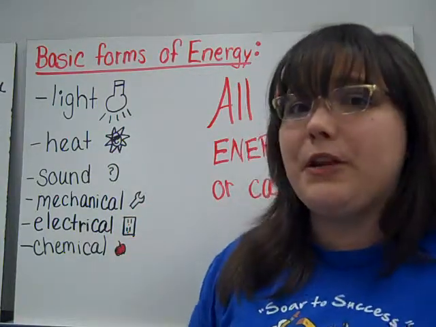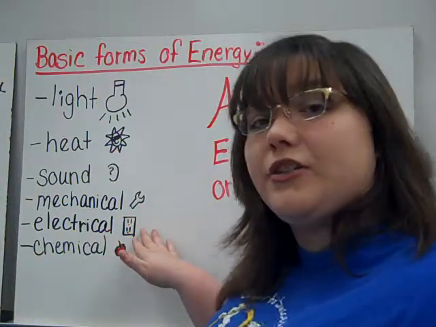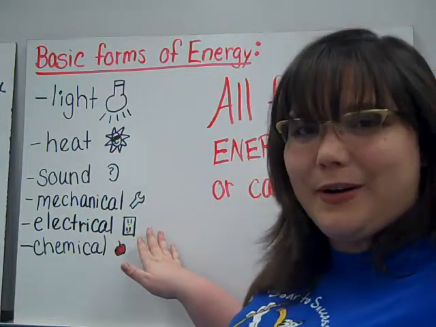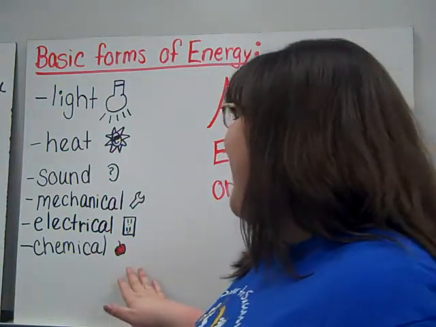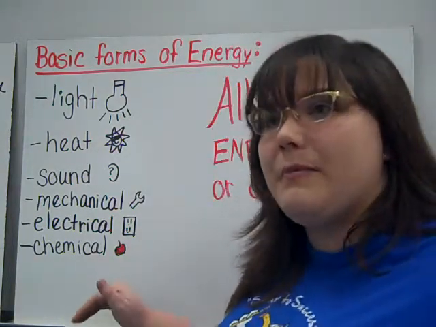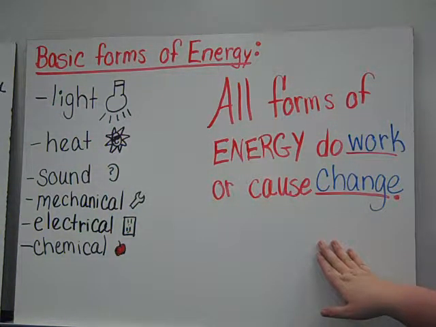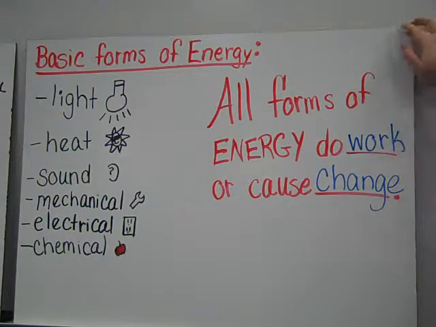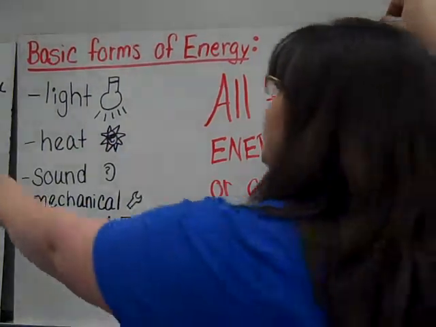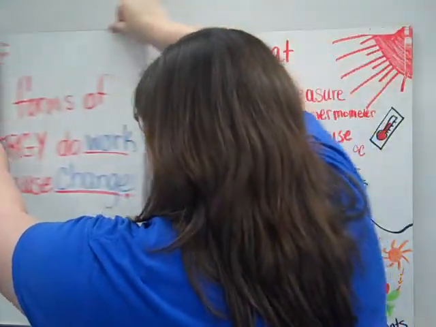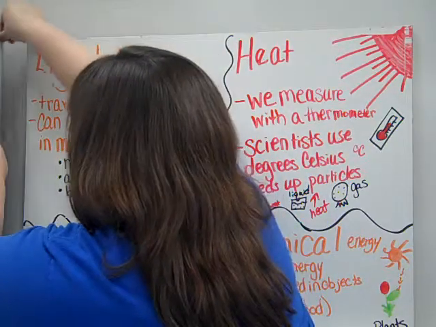Mechanical energy might be a new term for you. Electrical energy, we should be pretty confident about what electrical energy is. And chemical energy, that one might be a new one too. Remember, all forms of energy do work or cause change. So now we're going to take a closer look at these forms of energy.